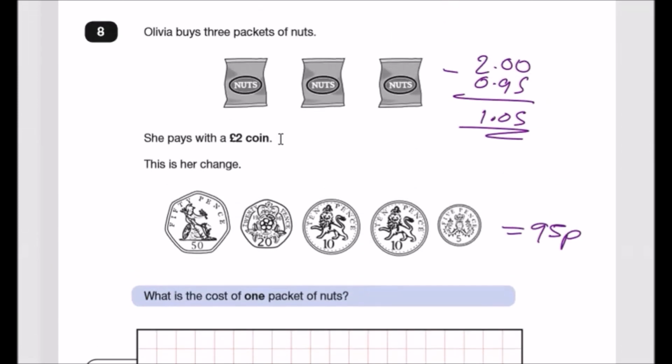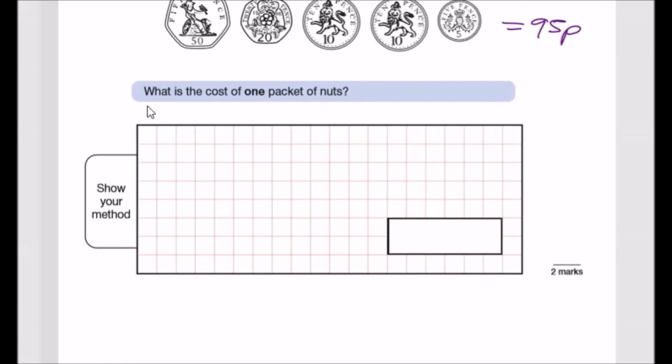Now for 1 packet, you got to divide this by 3 because 3 packets equals £1 5p. So here, 3 into 1.05, 3 into 1 goes nothing, carry the 1, 3 into 10 goes 3 times, remainder 1, 3 into 15 goes 5 times. So the cost of 1 packet is 35p.